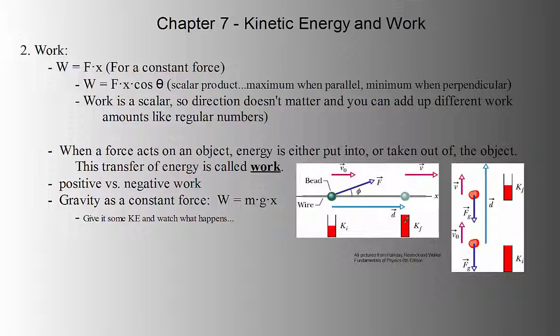The final kinetic energy is higher than the initial kinetic energy. So this must be positive work. We've put energy into the bead as it's gone from here to here, which should make sense, because when you put a force into an object in the direction of its motion, you're going to be speeding it up, so the kinetic energy would increase.